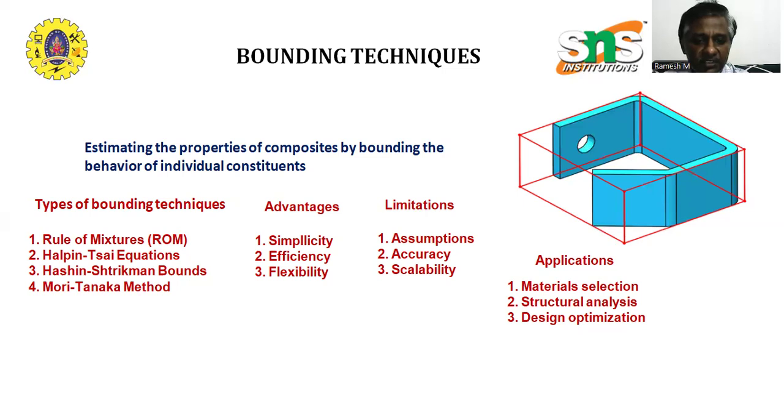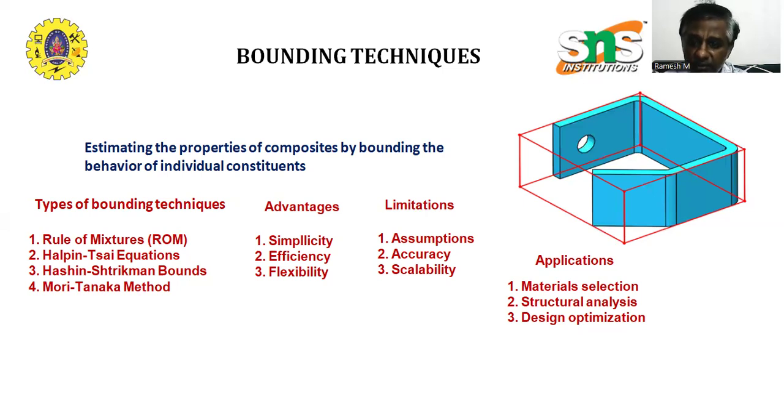Another technique is called the Halpin-Tsai equations. It is a semi-empirical method that estimates the composite properties by considering the fiber matrix interaction. Then another one is the Hashin-Shtrikman bounds.